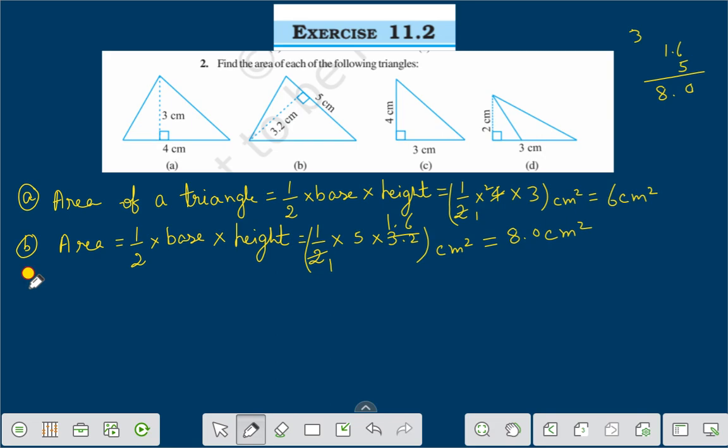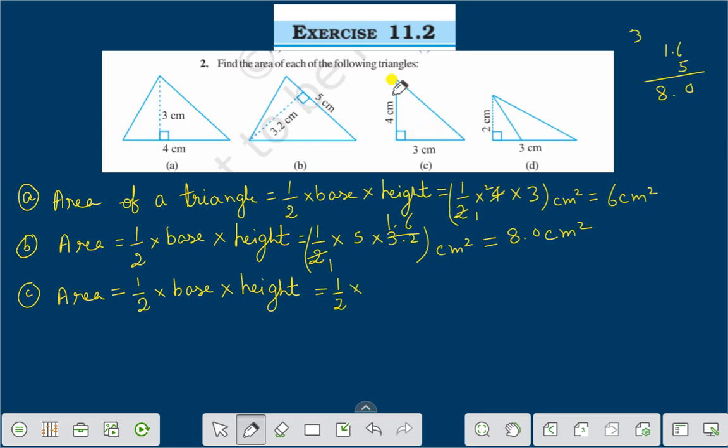Now area of triangle C. We know that area is half base into height, that is equal to 1 by 2. In this case, what is the base you see?